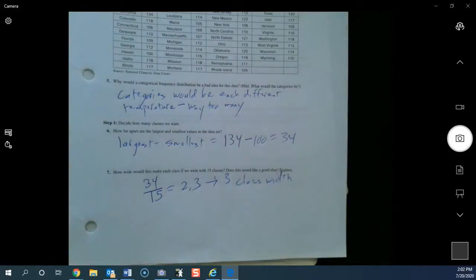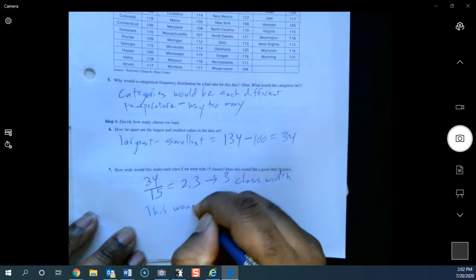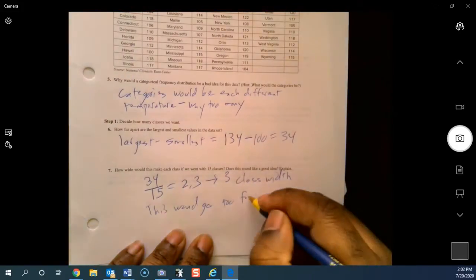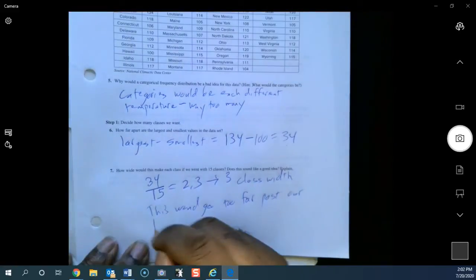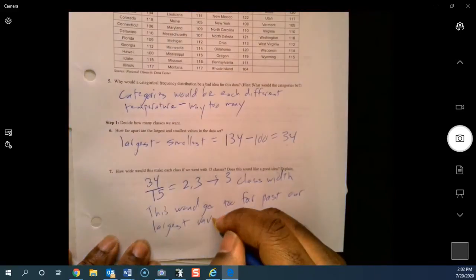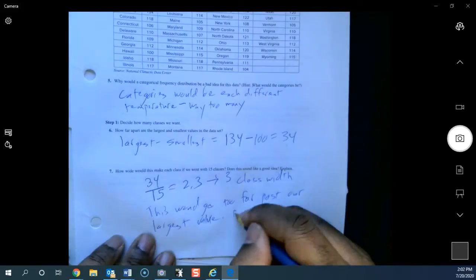Now it says, does this sound like a good idea? This would go too far past our largest value. So this would be a bad idea.